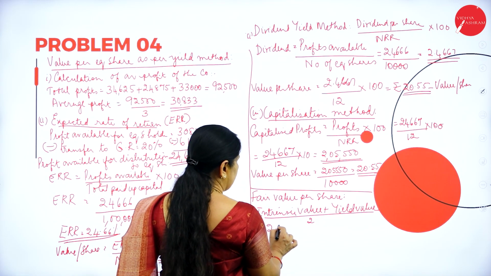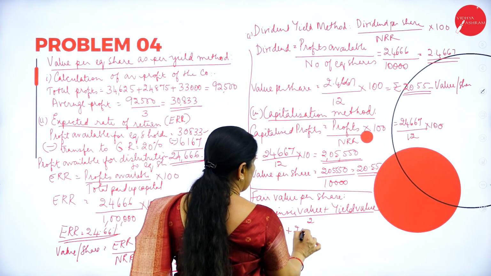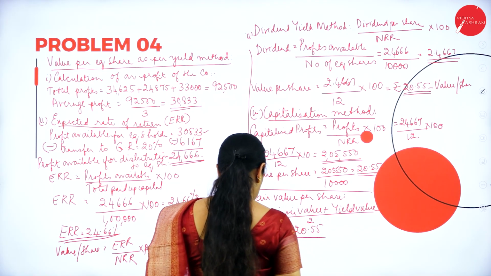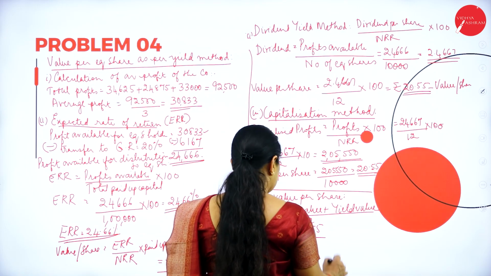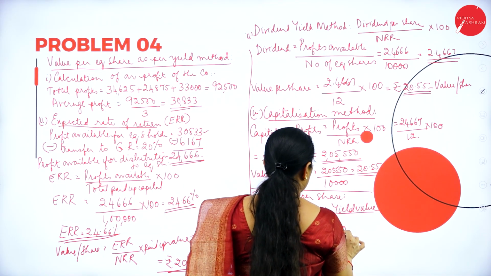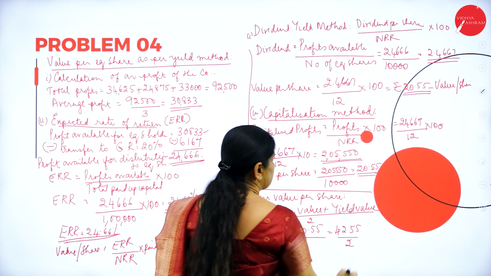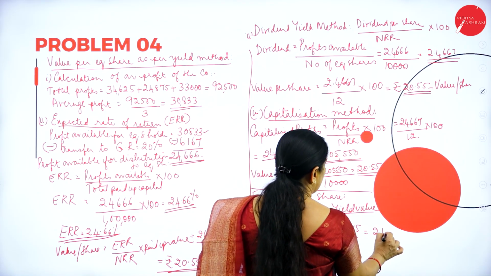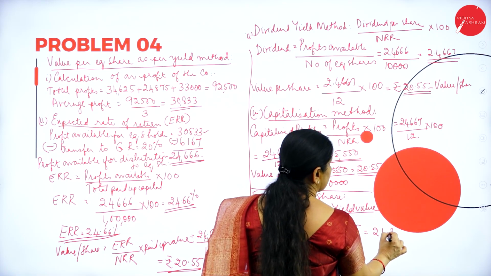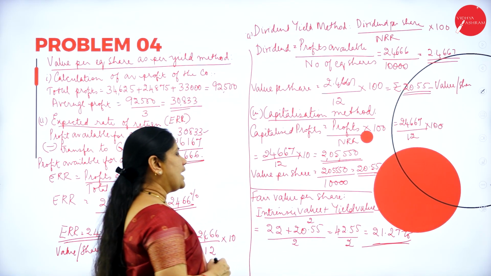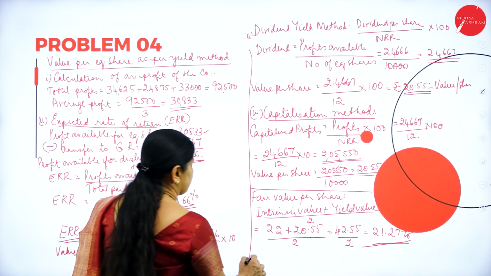So, 22 plus 20.55 divided by 2. I get 42.55 divided by 2, that is equal to 21.2775. So, this is the fair value per share.